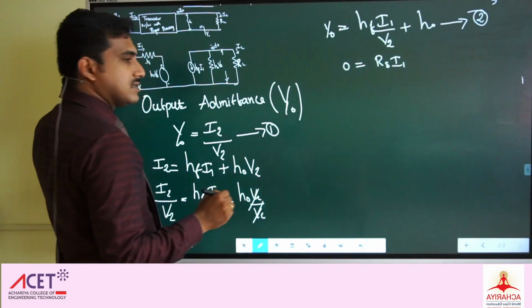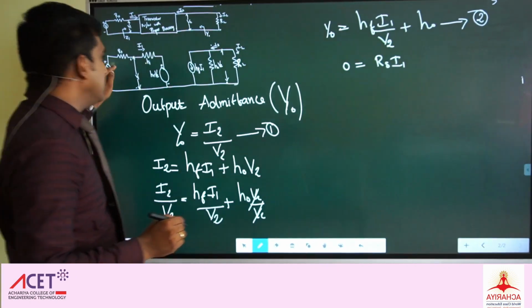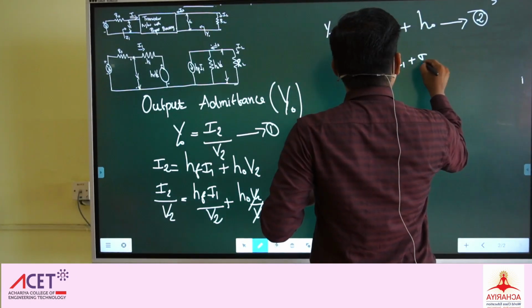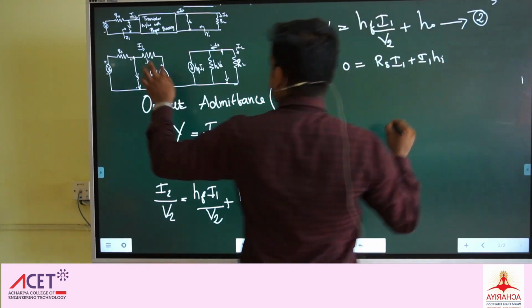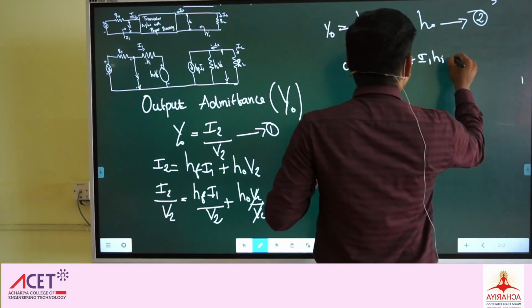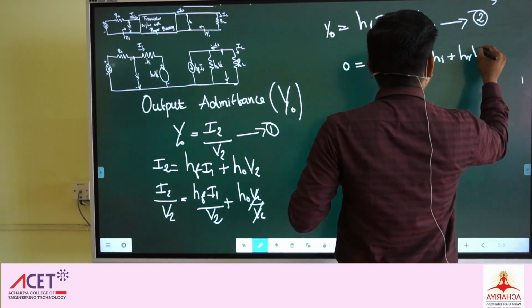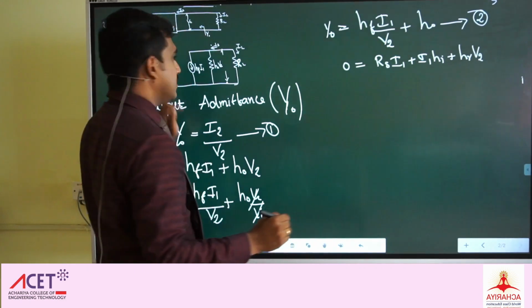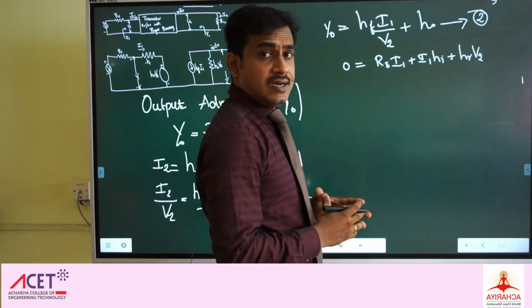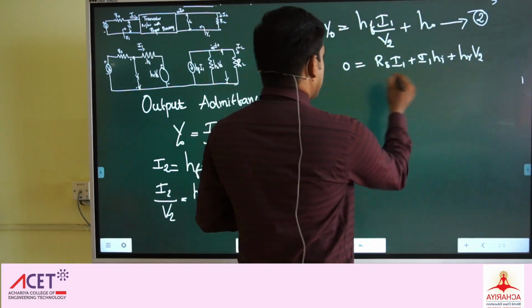Current flowing through this resistance is I1, input current, into Rs, plus I1 into Hi, the current flowing through this resistance is also I1, plus HR into V2. This is the KVL equation of the input loop by considering source voltage is equal to 0.